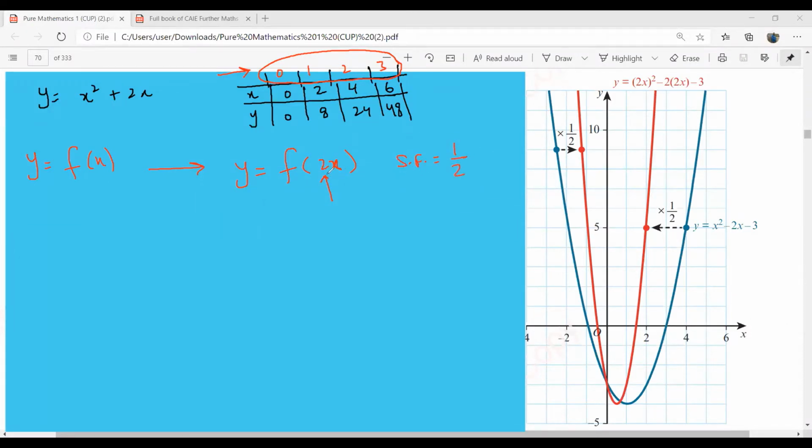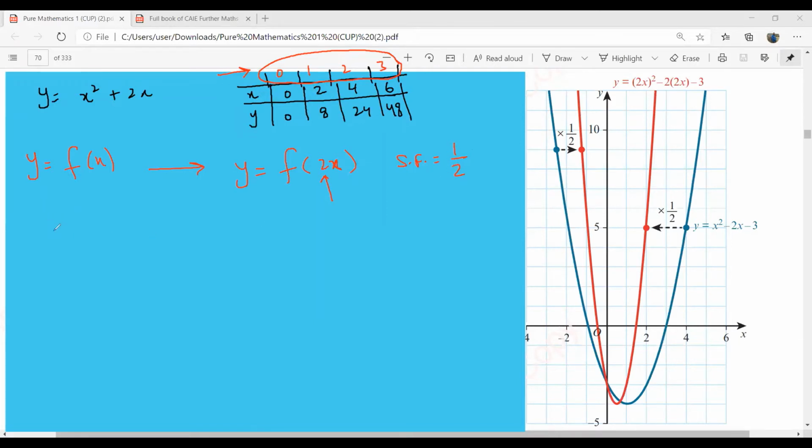You see that we are going opposite to the normal arithmetical operations over here. This is showing that this 2 is being multiplied by x, but rather than the x coordinates getting doubled, they are being halved over here.